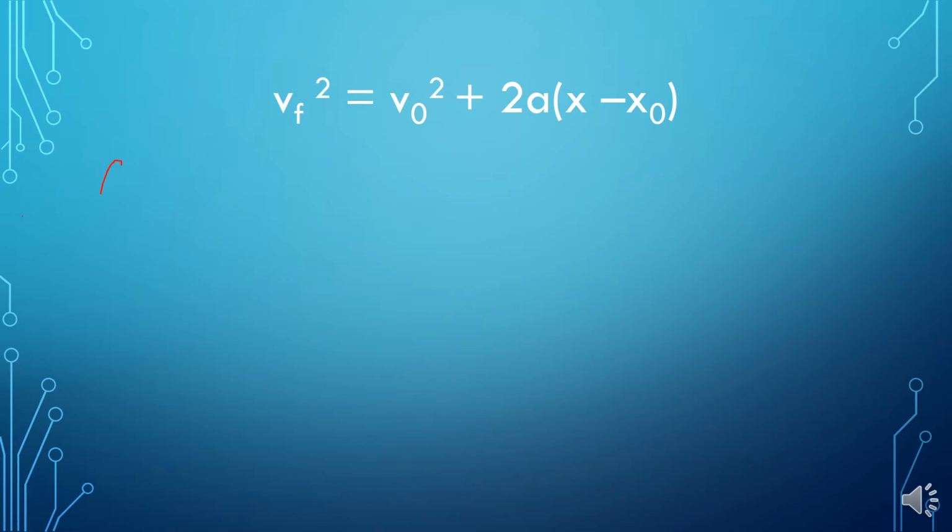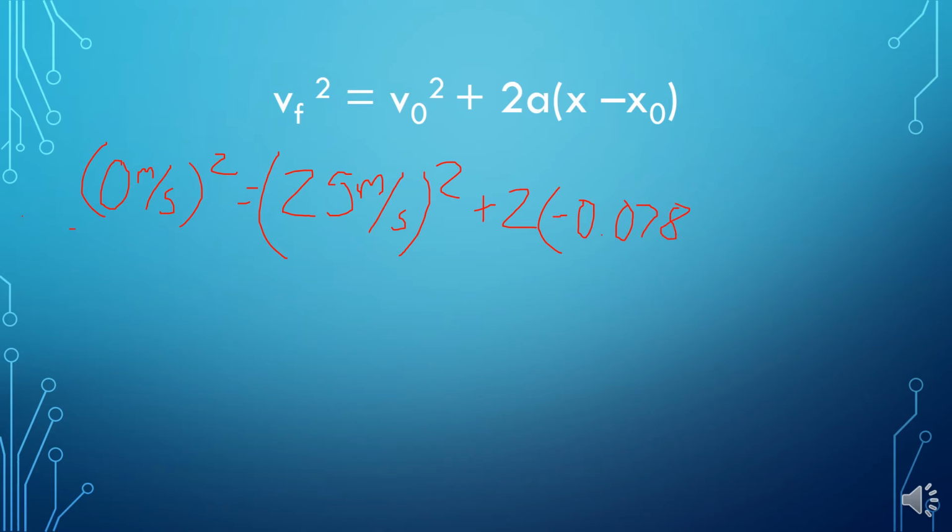So v final, 0 meters per second, squared equals my v initial, which was 25 meters per second going in the positive X direction, squared, plus 2 times my acceleration, negative 0.078 meters per second squared, times that displacement, which is what I want to find.